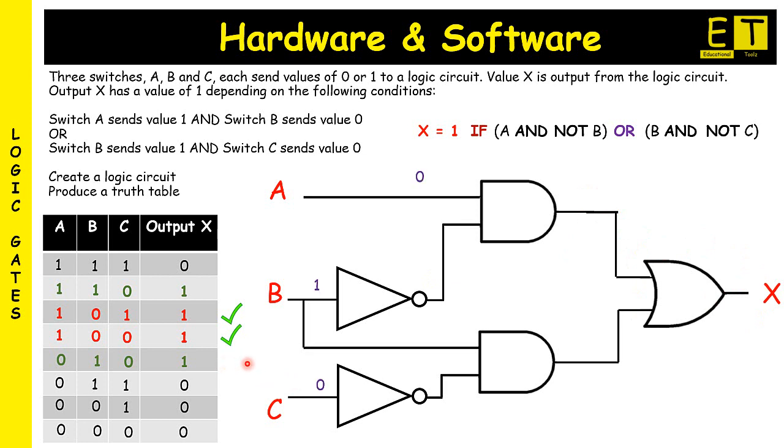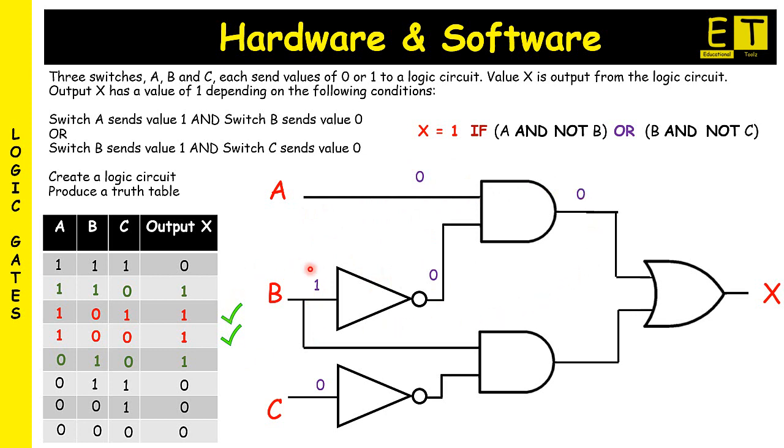0 1 0. So input A would be 0, input B would be 1, input C would be 0. So we know, again, for the AND gate to be true, both inputs need to be true. We have 0 going in. From B, we have 1 going into a NOT gate, which will return a 0. So 2 zeros will output a 0 in the AND gate.